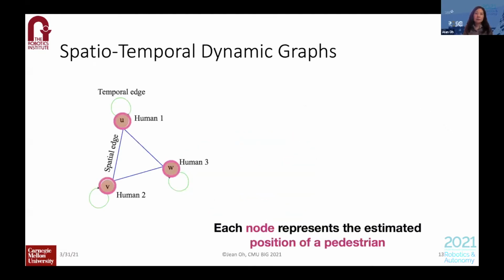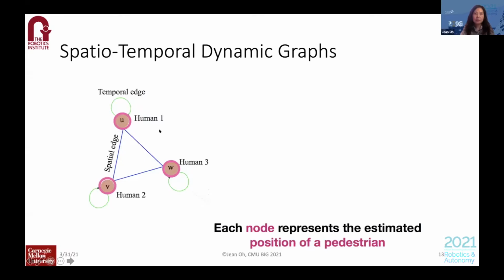Okay, so if we use a graph model here, spatial temporal dynamic graphs, the idea is a very classic approach. It can abstractly represent a lot of different information that has spatial constraints and temporal constraints. In our case, we will use a 3 human example here. Each node represents the position of the pedestrian, as we saw in the other illustrative example, and the temporal edges are included here too.